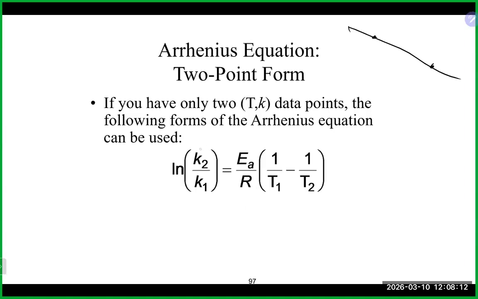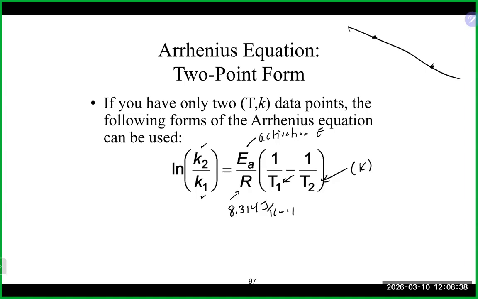If you have the K values, the rate constants, you can put them in there. That's rate constant number 2 versus rate constant number 1, natural log. That's our EA, which is our activation energy. That is our same gas constant, which is 8.314 joules per Kelvin per mole. These are our 2 temperatures, which those rate constants come from, and they do need to be in Kelvin.